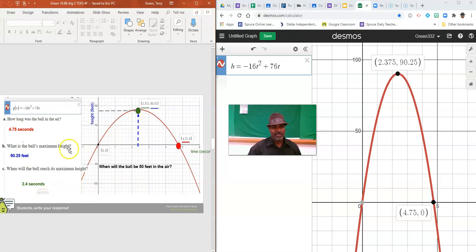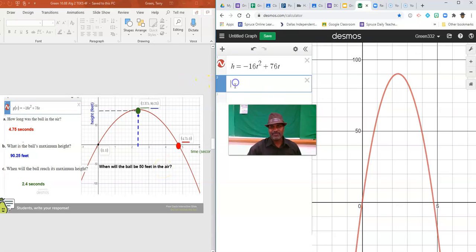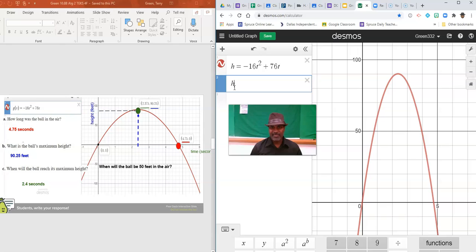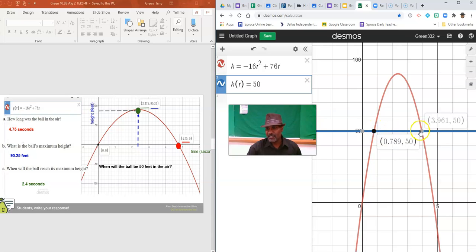All right, this is the same information that I just found out with Desmos. Now, what if I want to know when the ball will be 50 feet in the air? This is when I need to graph something else. I need to graph h of t, and I want to know when the height is going to be 50. And Desmos is going to put a vertical line right there that crosses the graph 2 times.